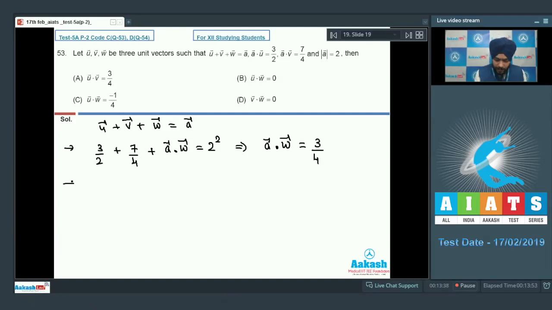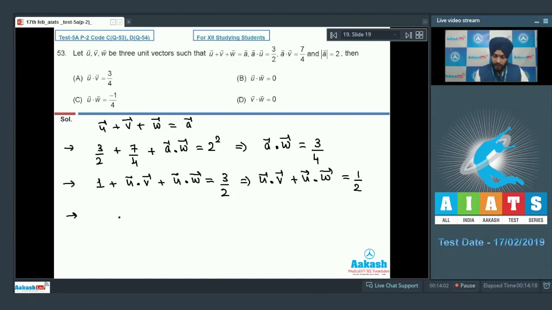Now students, taking the dot product with U vector. U dot U, 1. U dot V, unknown. U dot W, unknown. And U dot A, the value is 3 by 2. From here you will get U dot V plus U dot W is equal to 1 by 2.